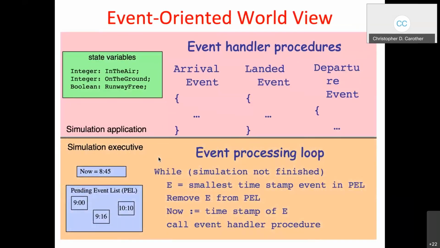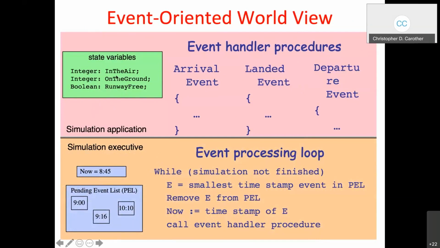So here's an example of the event-oriented view, again using our airport as an example. At the simulation application level, we're going to have our state variables, as well as our event handling procedures. Putting more meat on the bones, we begin to fill out some of this model that we're going to be constructing for the airport.